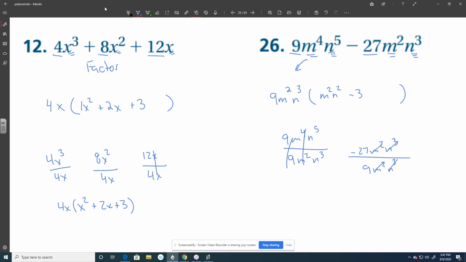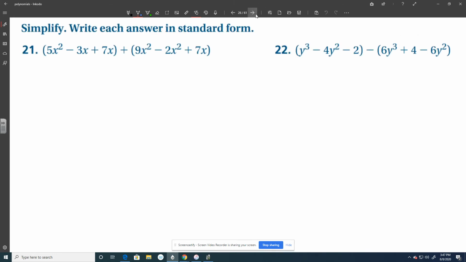So I'm just left with a negative 3. So my answer is going to be 9m squared n cubed. That's what I pulled out, and I'm left with m squared n squared minus 3. That would be my factorization. That's what it would factor out to.